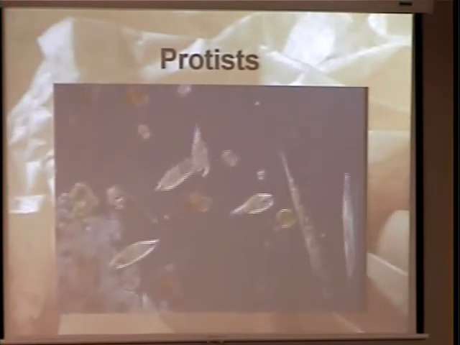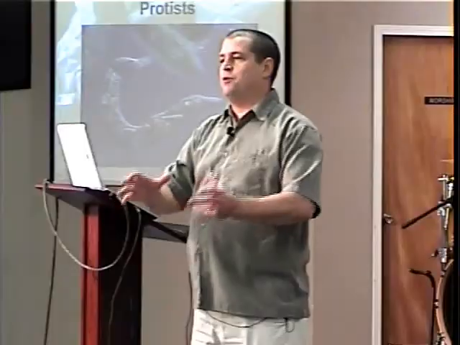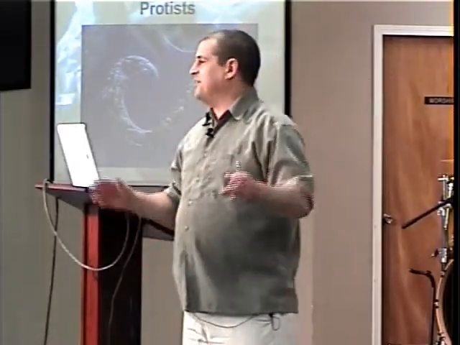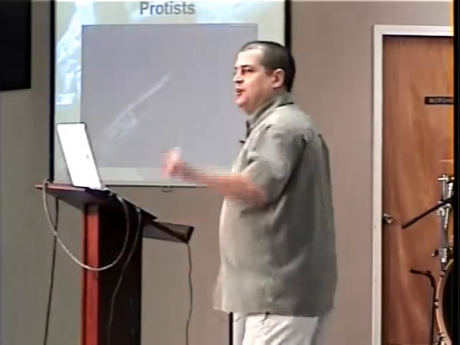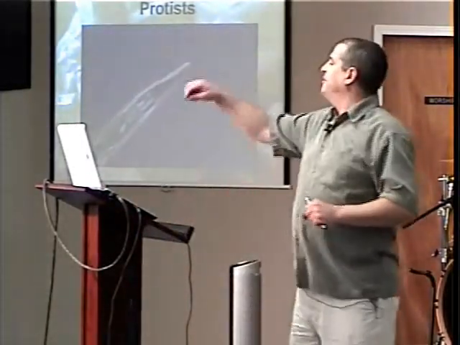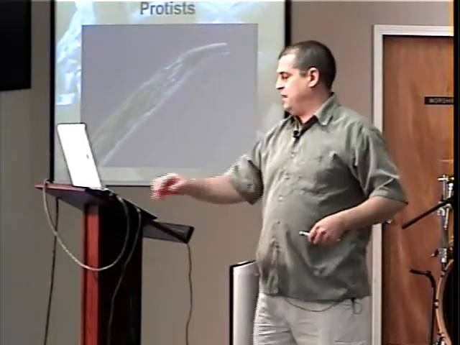One of the techniques used by laboratory teachers to create a culture like this is you just get a wad of hay and stick it in water and put it in a warm place, and you create what's called a hay infusion. That's all it takes. These microbes are everywhere. Any little pond or gutter that contains a little bit of dirt, you'll see this under a microscope. It's that easy.